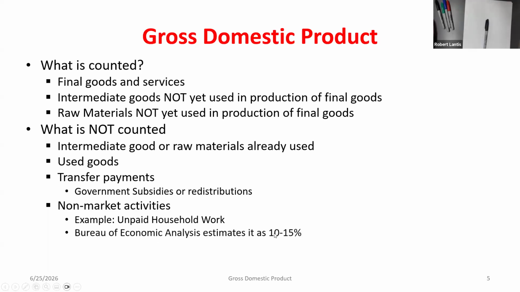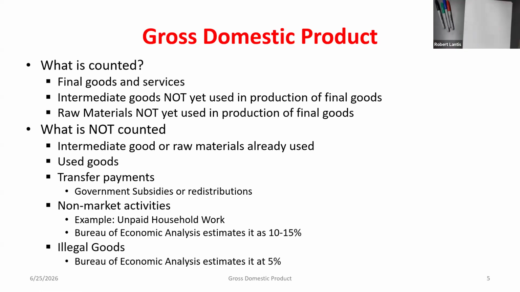Now, the reason why this is a problem is the Bureau of Economic Analysis has estimated the value of this would be 10 to 15% of our overall GDP, but we're not including that. Now, these are based off of surveys. This isn't going to be the most accurate number, but this is generally what they think it is. We're also not going to measure illegal goods. We don't have a way of tracking these transactions, but we know they exist.